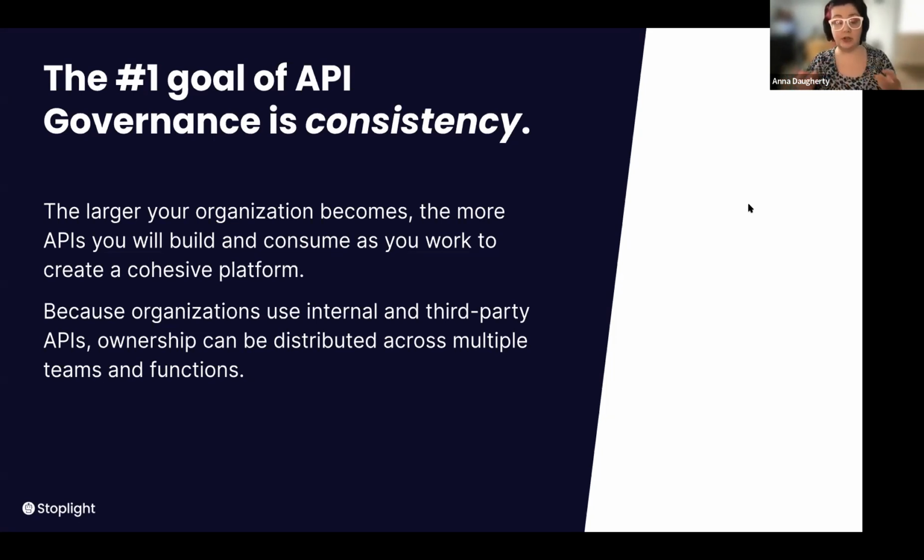And three, ensure that when you do socialize them or expose them to customers, that you have an entire picture of what your API program looks like, and that you know their quality. You know that what you're putting out there is consistent, reliable, secure, and adheres to your best practices in your organization.